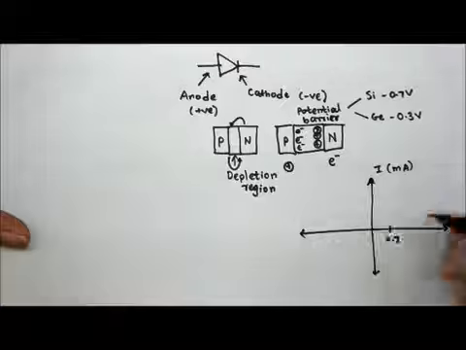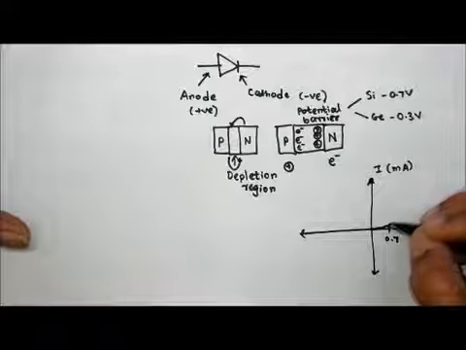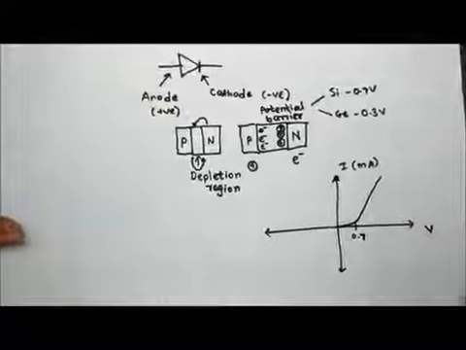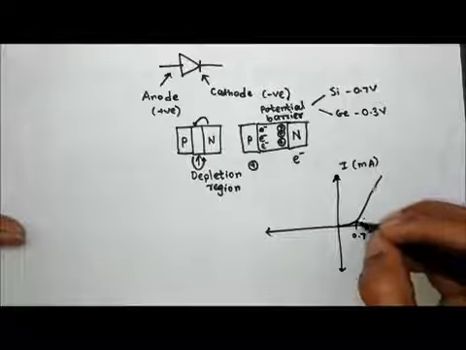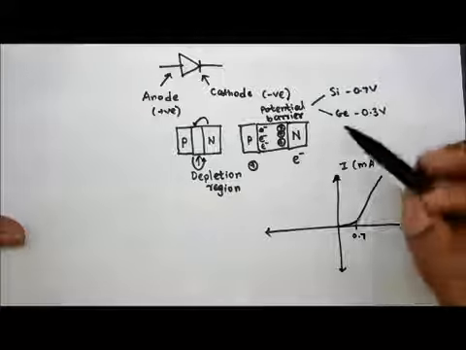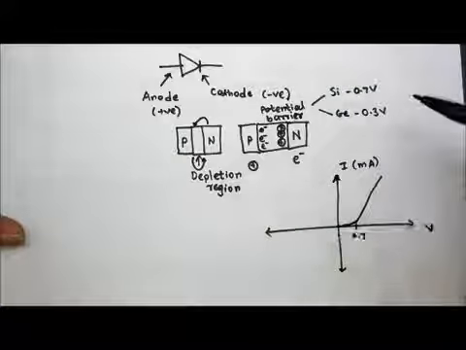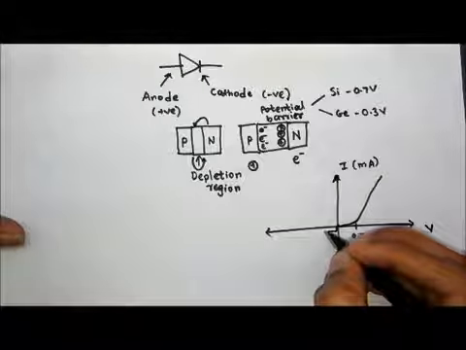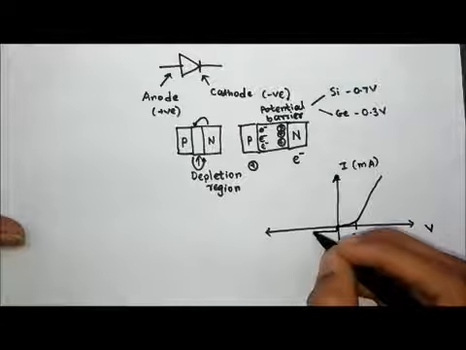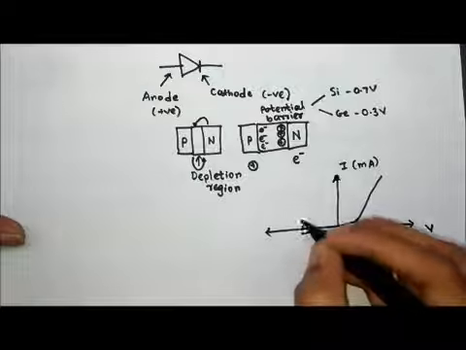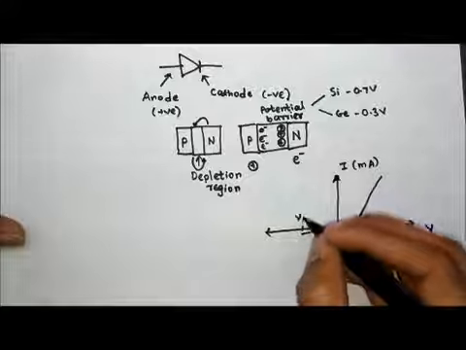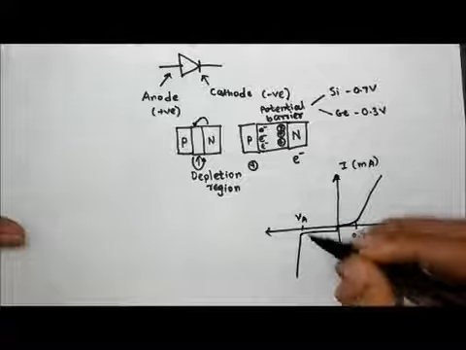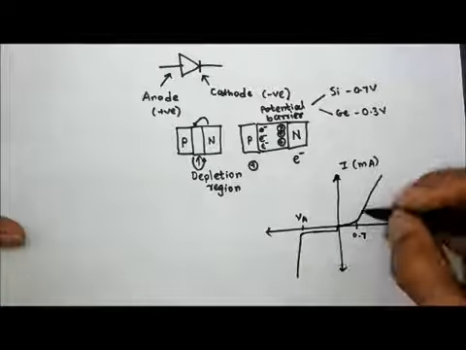So what happens is, in the forward bias the characteristics will be similar to this. Okay, till 0.7 the current will be low, and then once it crosses the potential barrier the current will rise steeply. In the reverse side, what happens is there will be a small saturation current, and then after a certain point called as avalanche breakdown VA, the current will increase steeply. Now this current will increase more steeply than this.